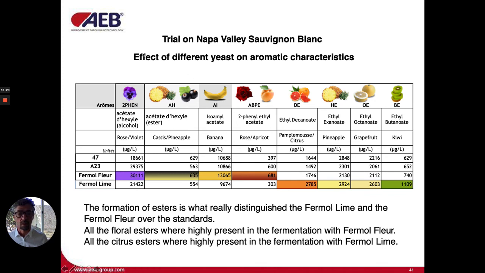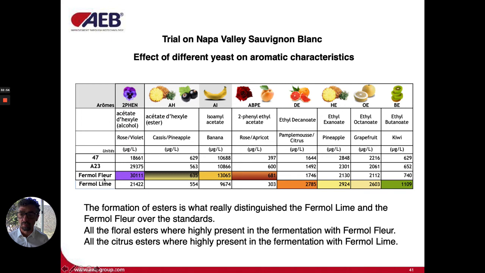This is a result of a trial that we did against a couple of competitors' yeasts, with the yeasts that were selected, remember, for thiol conversion. And what we found is that the Fermol Lime forms more of these fatty acid derived esters, more fresh, more citrusy, let's say.